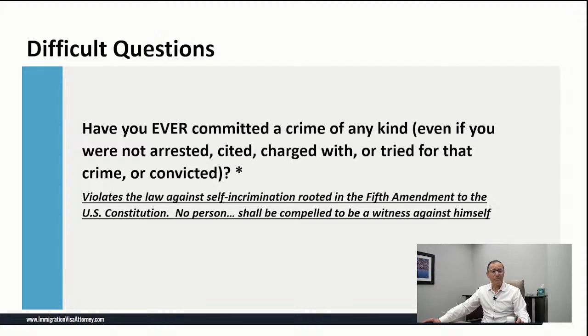That is a clear violation of the Fifth Amendment protection against self-incrimination. U.S. law does not permit the government to force people to testify against themselves. And therefore, this law is unconstitutional. This question is unconstitutional because it asks you to admit that you have committed a crime for which you were never even charged.